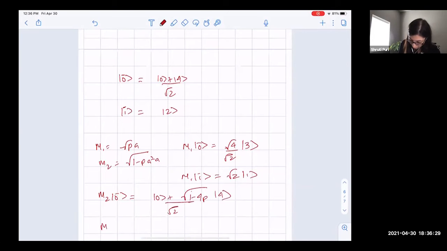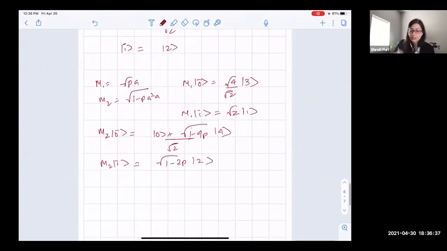And M2 acting on 1 bar is square root of 1 minus 2 gamma times |2>. Using these transformations, you can check that all the error correction criteria are satisfied.